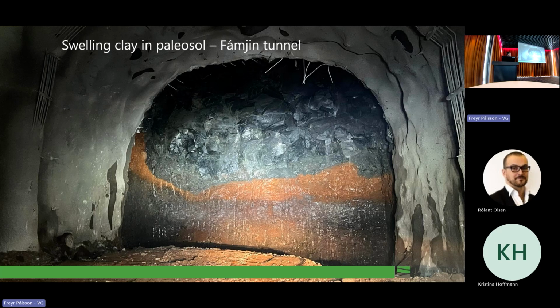In this case, we have non-swelling clays and swelling clays, and the distribution of that is completely chaotic, so it can be difficult to assess how bad the situation is.